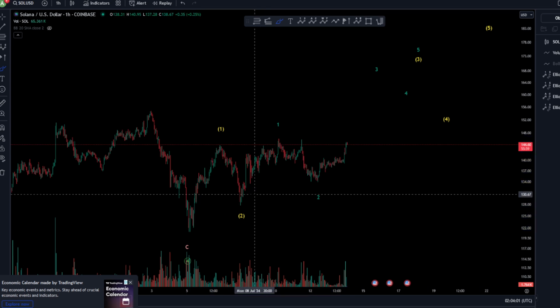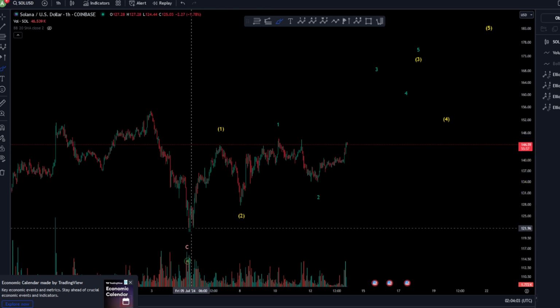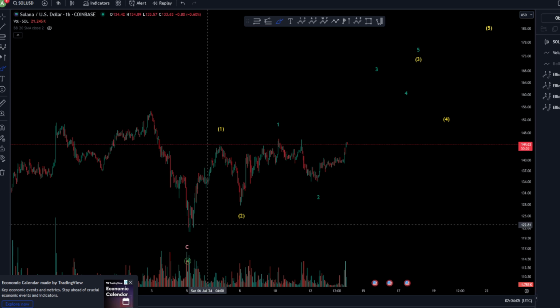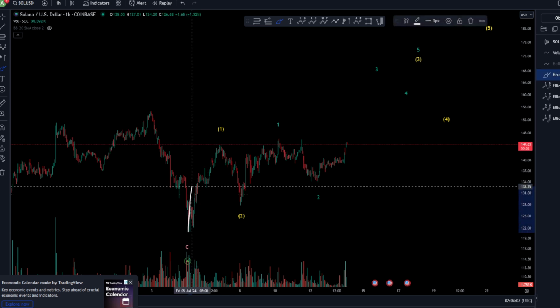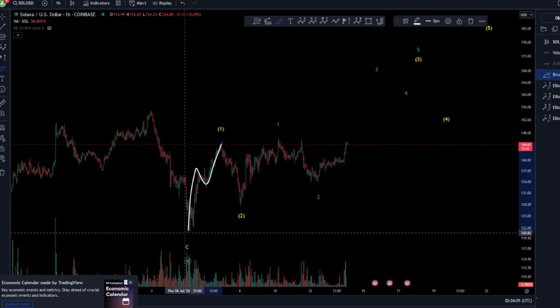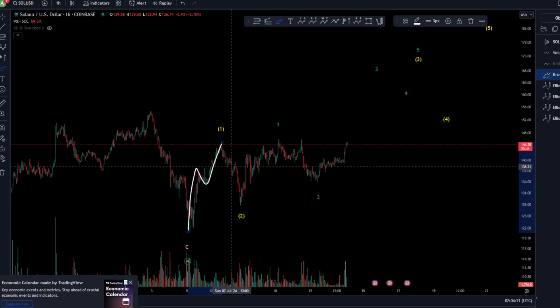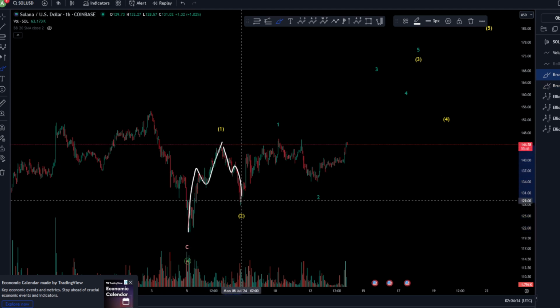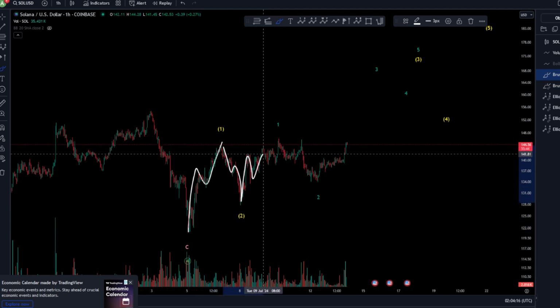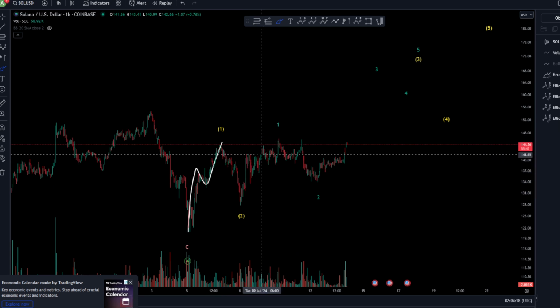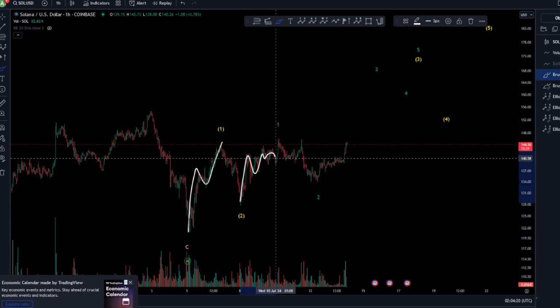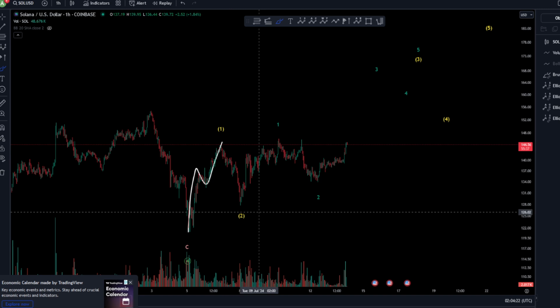Why? Because any diagonal should always look like a zigzag for each wave. So this should look like a zigzag. I'm not sure about this, right? This is a perfect zigzag, but this one also is not so perfect a zigzag because we have a lot of overlaps here. So therefore, it's better.